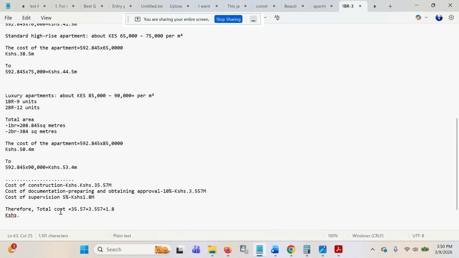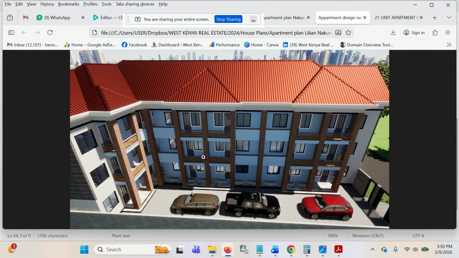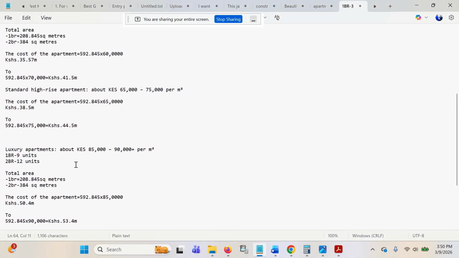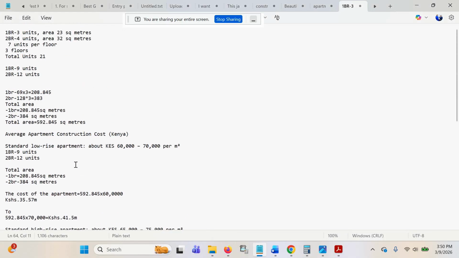That would take us to 40.9 million. Now, this is the cost of doing this house. You dealt with design, you dealt with approval, you dealt with the actual cost of construction, up to the very end of it. It takes you to 40 million.